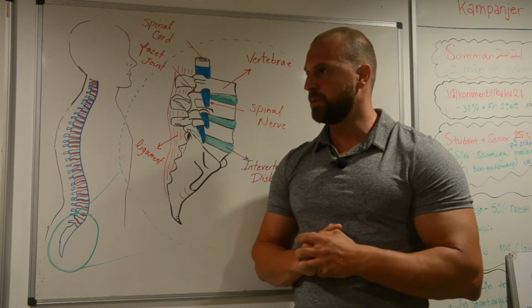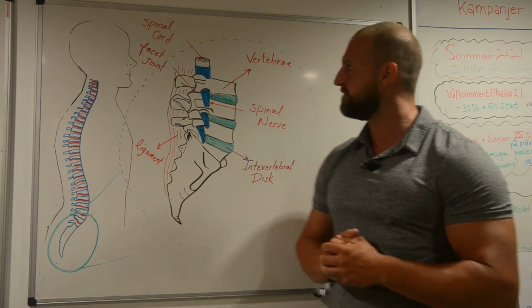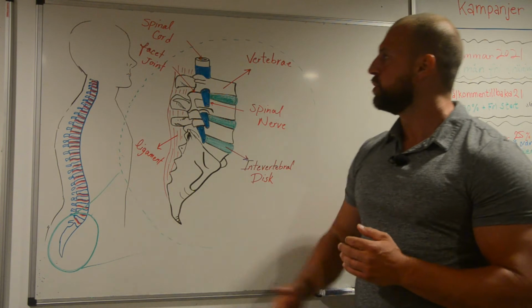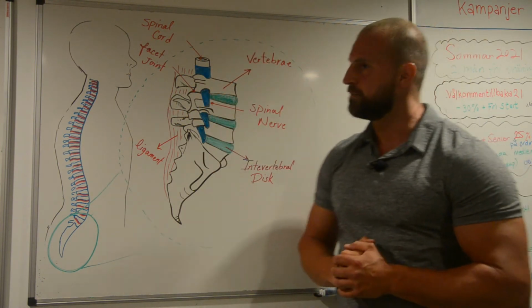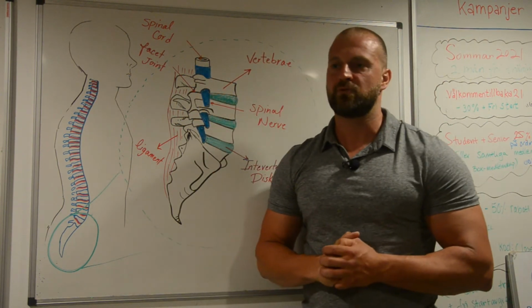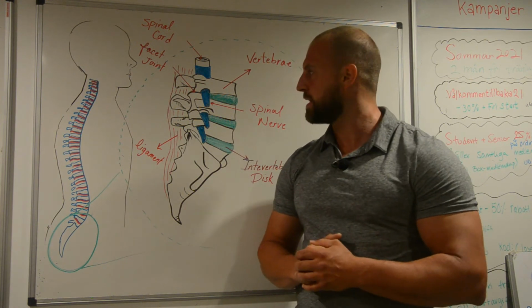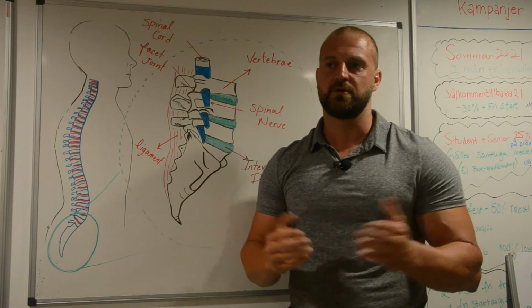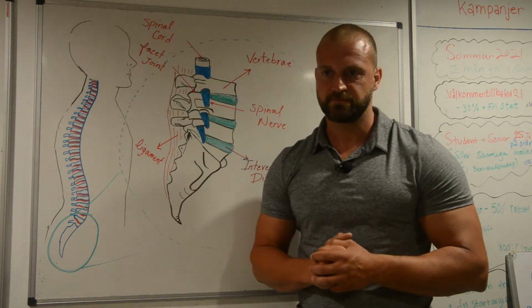The best example for this is when we're standing in a very upright position and have a weight directly over our spine. So when we're doing a front squat, we're going to have a higher compressive force than when we're doing a back squat because of our body position.